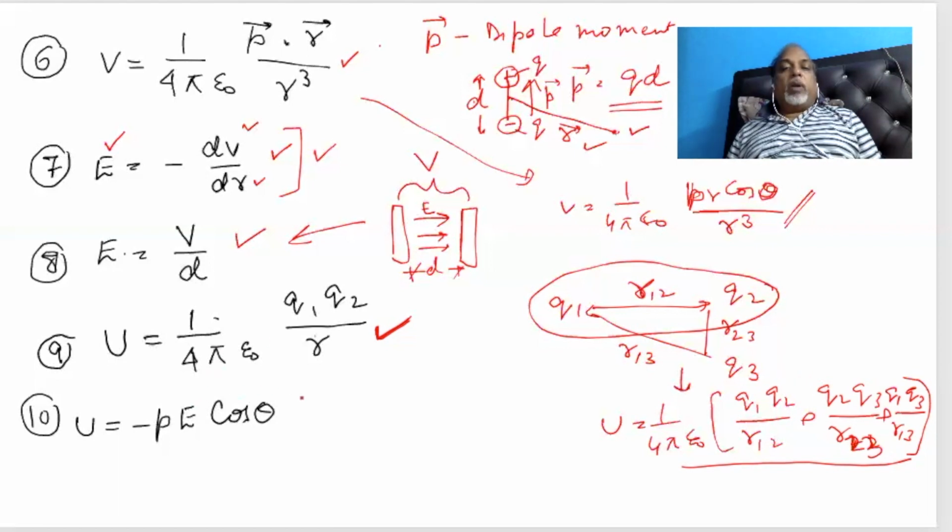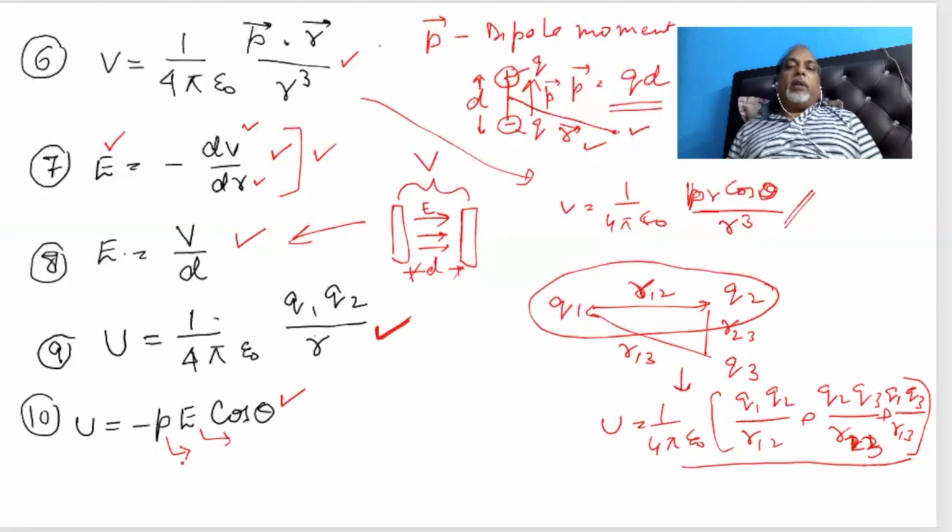Now, what about this equation? This is basically potential, it is again a dipole, and this is the potential energy of an electric dipole in a uniform electric field.